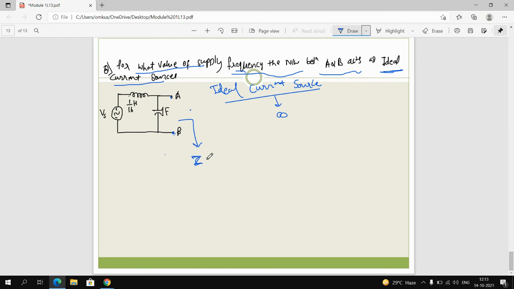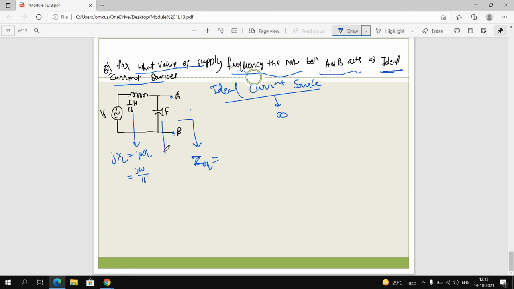So calculate Z equivalent here. Calculate Z equivalent. Now, what is the value of this in terms of ohm? That is jXL, right? So XL equals j omega L, so the value is j omega by 16.